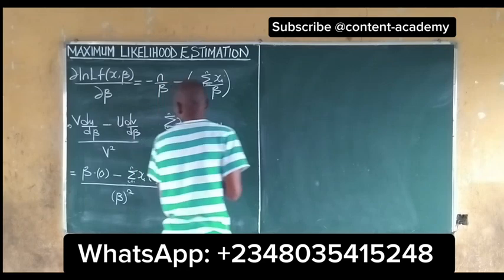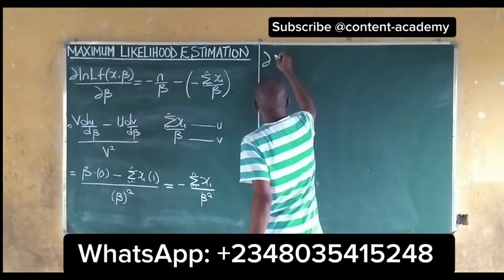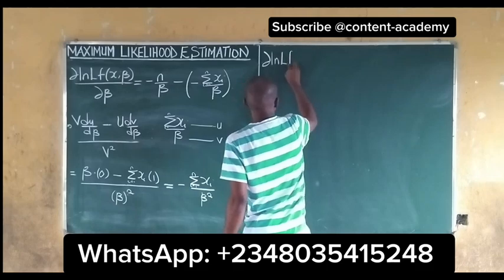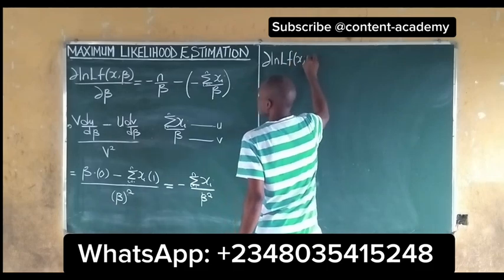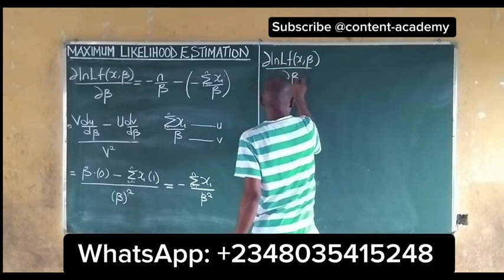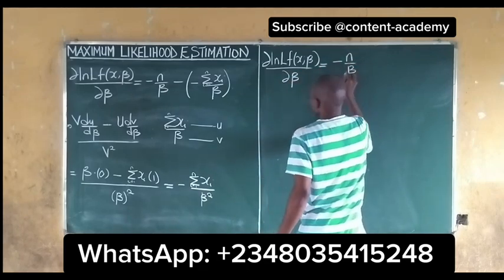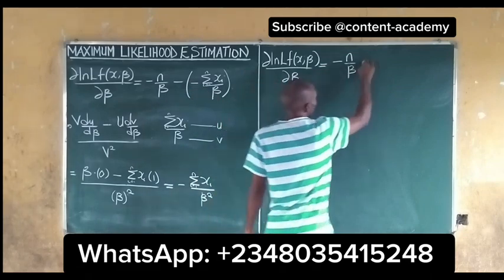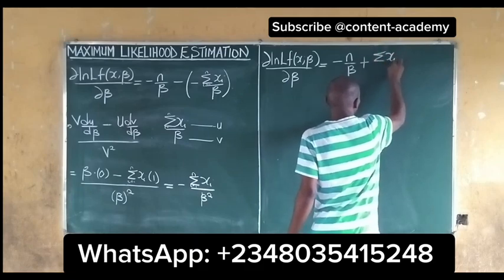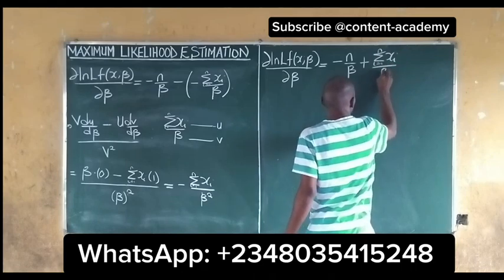So now we have this, we can now rewrite this properly. The differential of the log likelihood function with respect to beta is equal to negative n all over beta. Negative multiplied by negative sign will get plus summation of x_i, i running from 1 to n, all over beta squared.